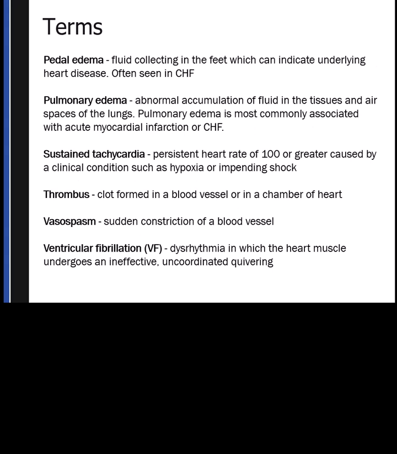Pedal edema. Now, where do you think you would find pedal edema other than looking at the definition? In the feet. Now, pedal edema comes about as a result of heart failure. Okay? Now, remember, we talked about if the left ventricle fails, blood begins to back up into the left ventricle. Eventually, it'll back up into the left atrium. Okay? Eventually, it'll back up into the lungs. It doesn't stop there.